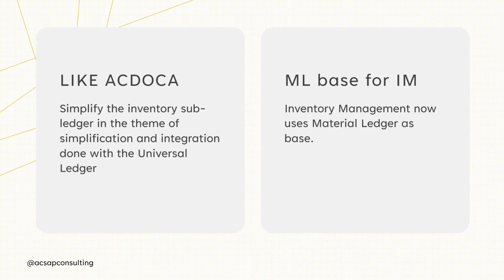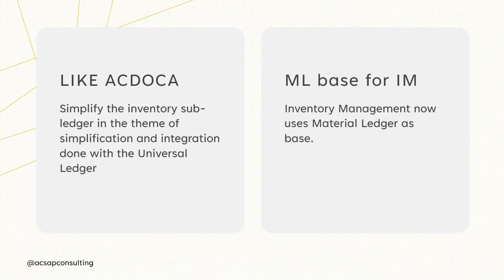Here comes the question: why should we have material ledger as a base for all the inventory transactions, especially if we are not using functionalities like parallel valuation or actual costing? It is because S4 wants to give us a provision to activate these functionalities in future.